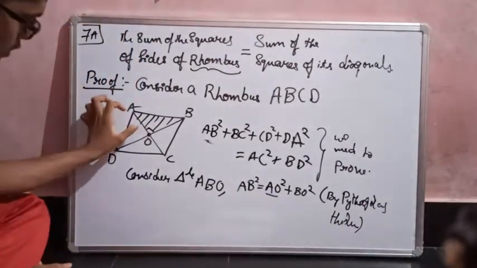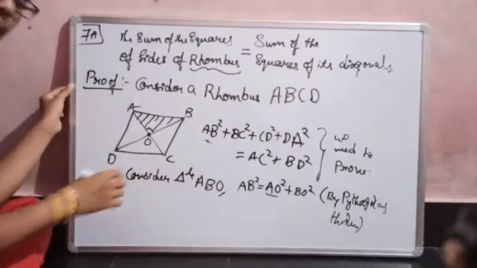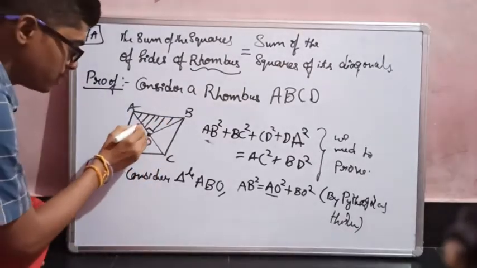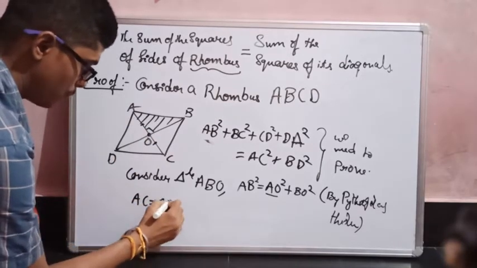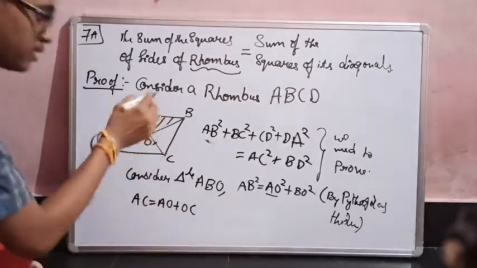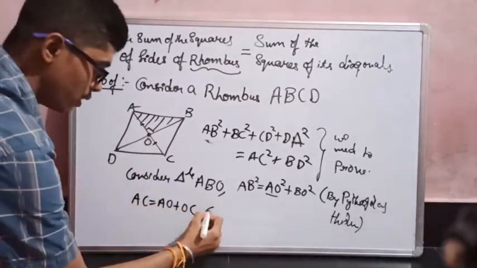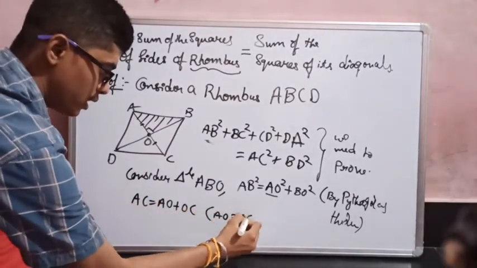Now, this is AO. In a rhombus, the diagonals bisect each other into equal parts. AC is nothing but AO plus OC. Since this is a rhombus, the diagonals bisect equally, therefore AO will be equal to OC.